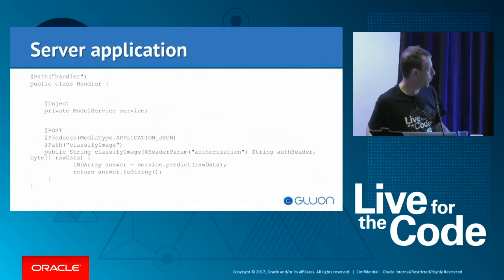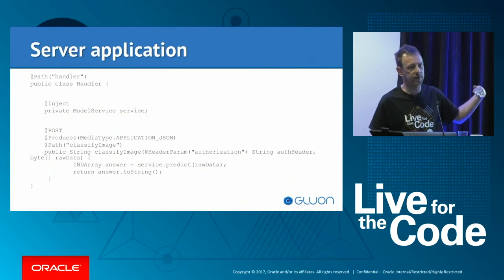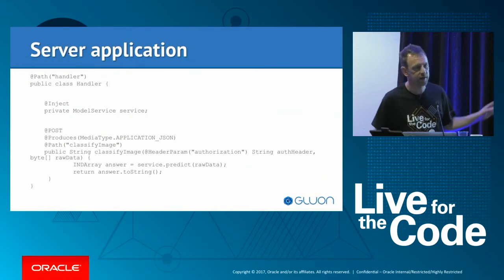So what we do when we get the bytes, we will ask a service which is injected, which is the model service, which is part of the Java specific application that I showed a snippet from. And there's a method predict, which takes bytes and which will give an ND array, which is actually, in this case, a 1 by 10 matrix with the 10 labels.